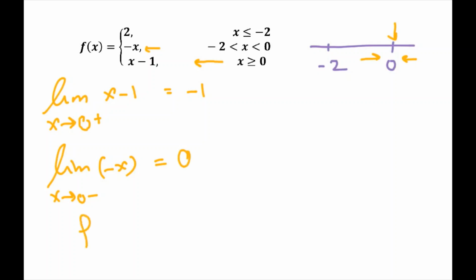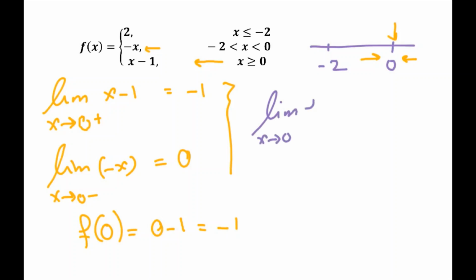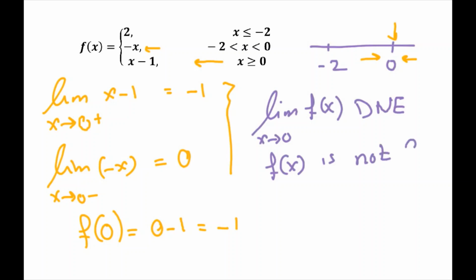Okay, you don't need to find f(0). You can, but you don't need to actually, which is equal to -1. Now, by knowing this, the limit as x approaches 0 does not exist. So f(x) is not continuous at x equal 0.